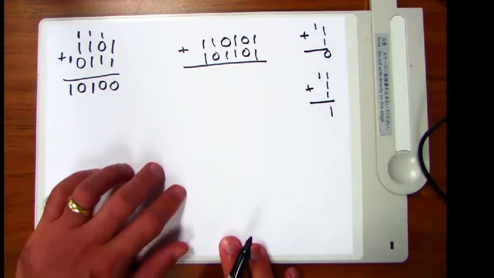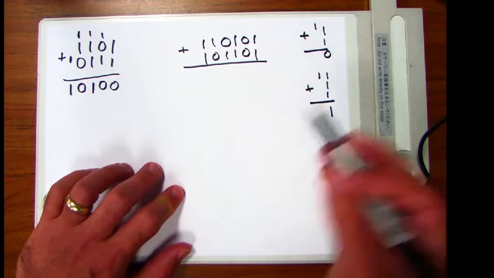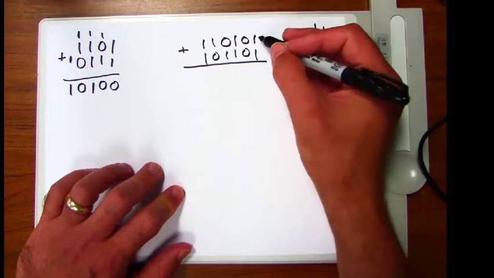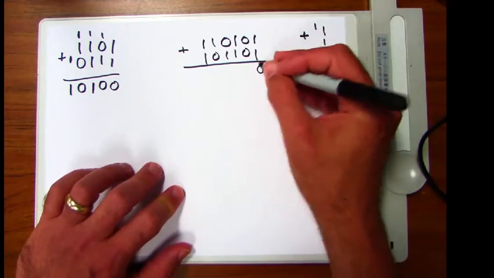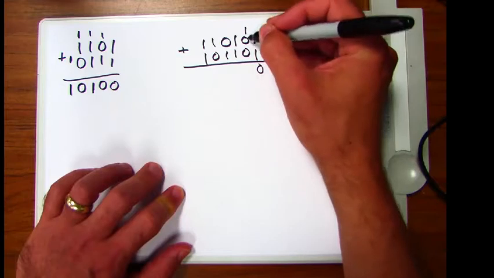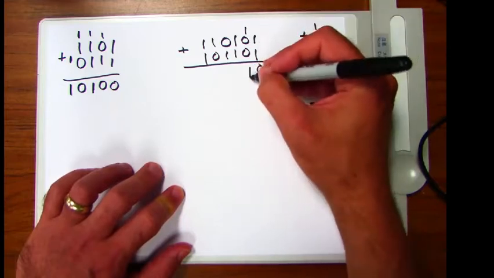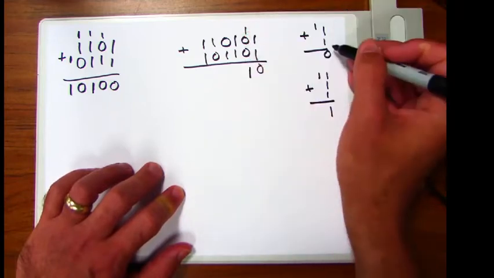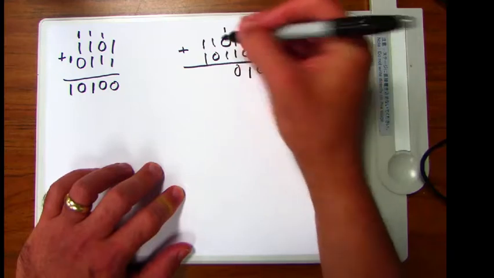All right, so now let's look at this other example here, and we'll do a second example just to get some practice. 1 plus 1 is 0, carry the 1. 1 plus 0 plus 0, well, that's just 1. What's 1 plus 1? That's 0, carry the 1.